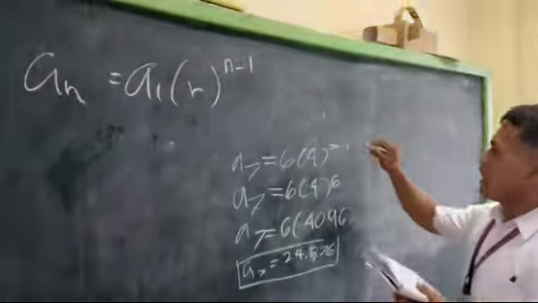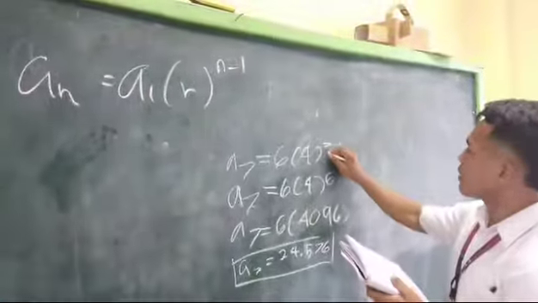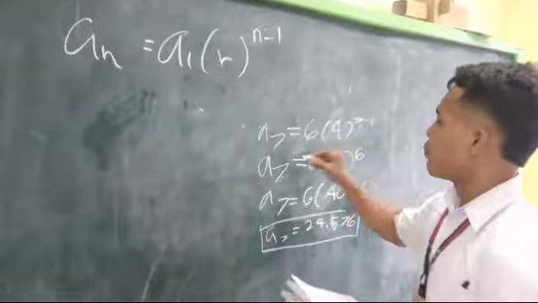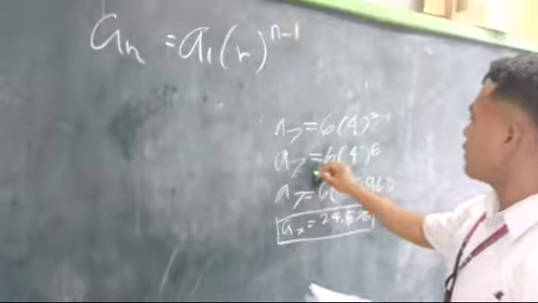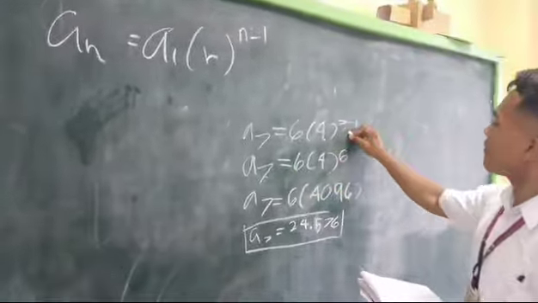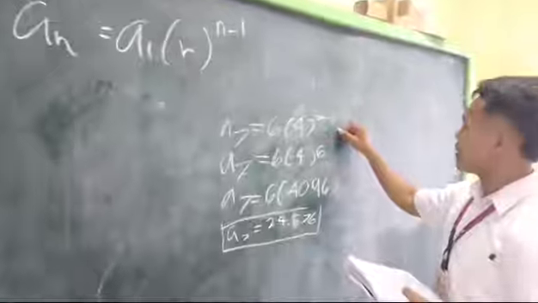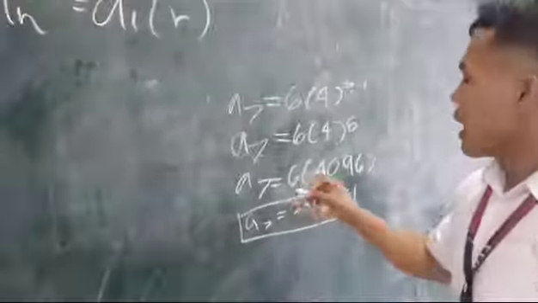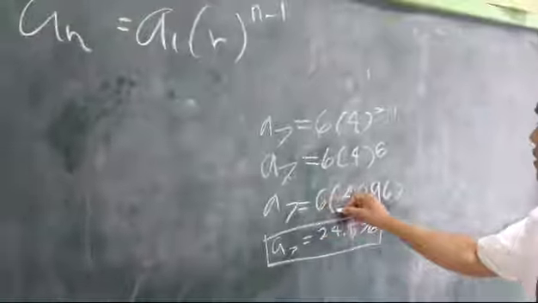Now, n is 7, so the exponent is 7 minus 1. Then bring down a sub 1 and the common ratio, and 7 deducted by 1 equals 6. And now, a sub 7 equals 6 times 4 to the 6.